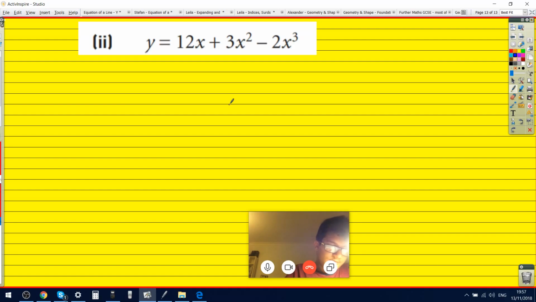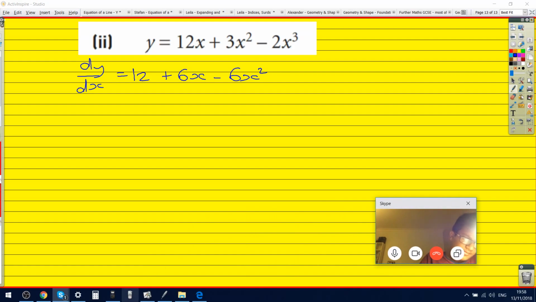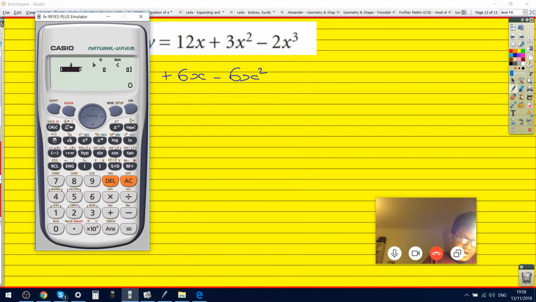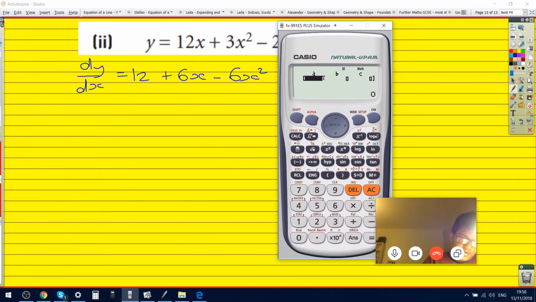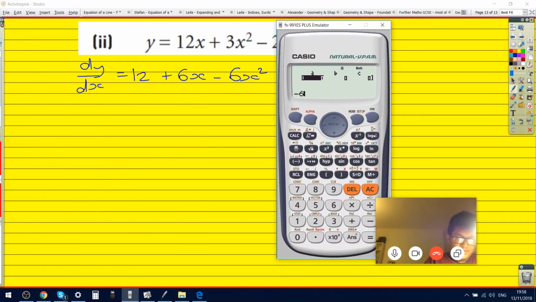Okay, so dy over dx would be 12 plus 6x minus 6x squared, and then d squared y over dx squared is minus 12x plus 6.